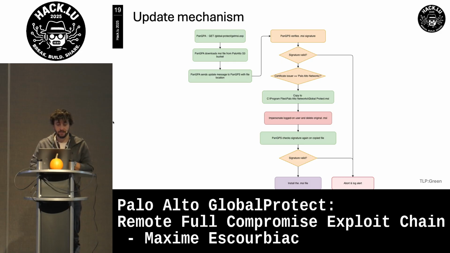PanGPA will get the latest version number from a URL on the portal. PanGPA will download the MSI file from a Palo Alto S3 bucket, and PanGPA says to PanGPS, hey, I have this version, please update. So PanGPS is well made for that.